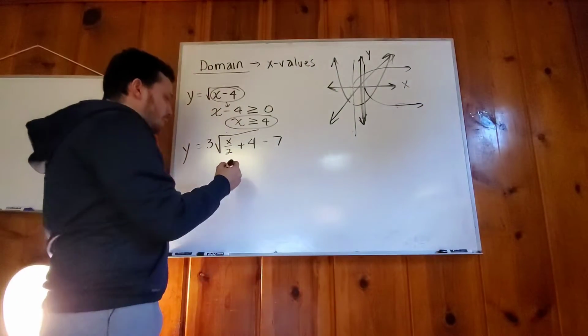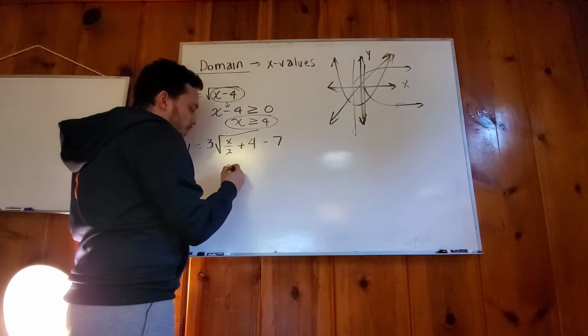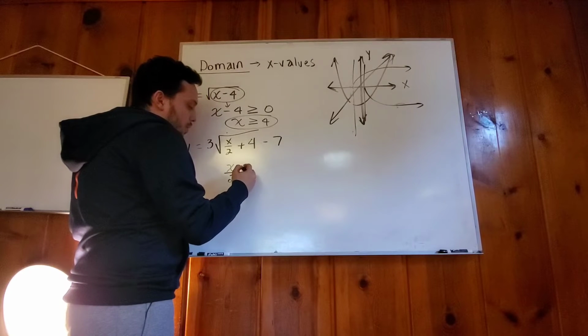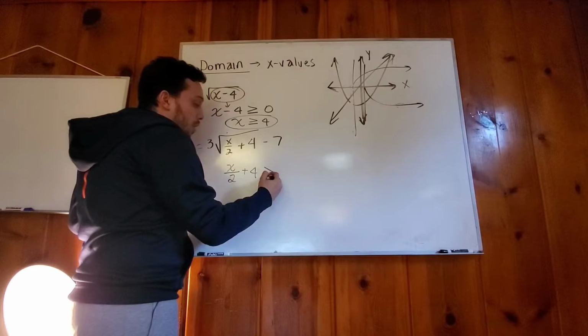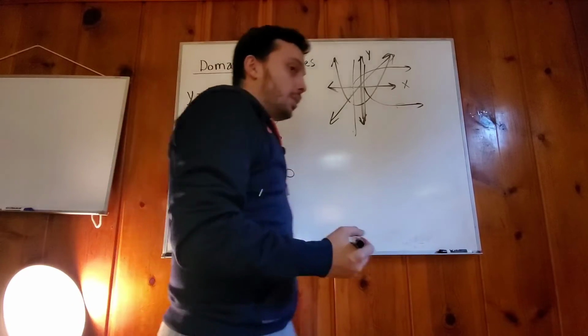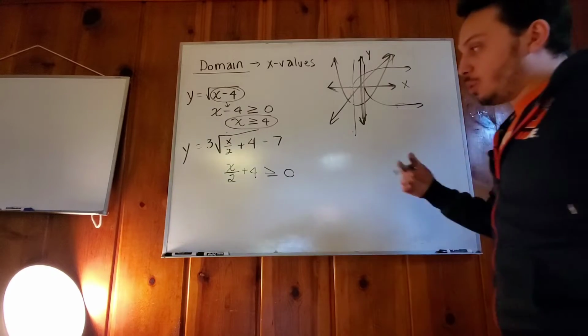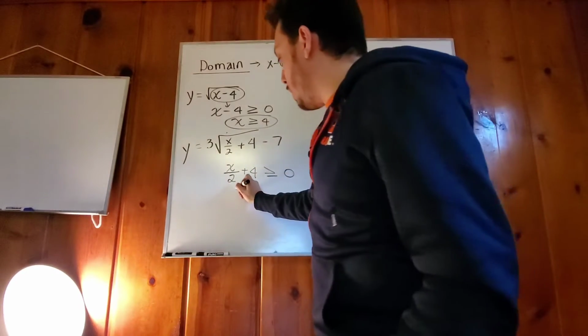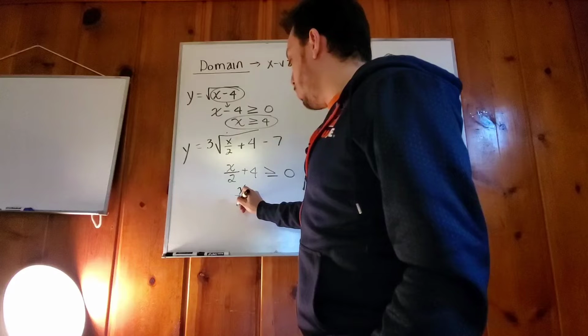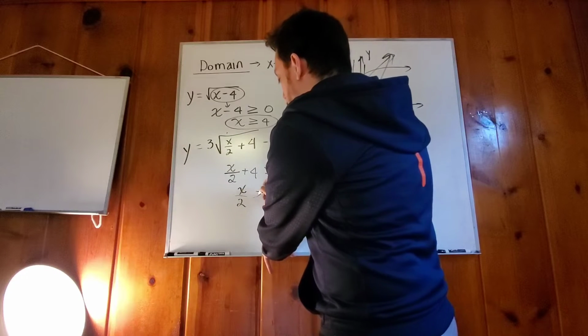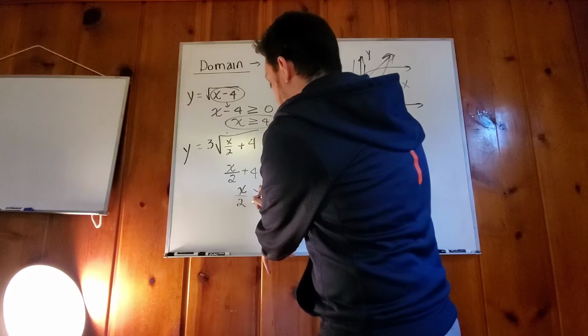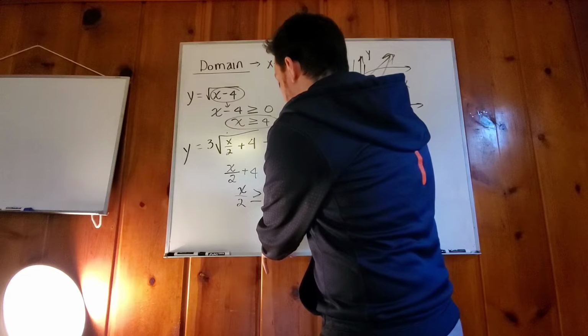The second one's pretty easy too, because we have x over 2 plus 4 is greater than or equal to 0. Now what we're going to do is solve for this, so it's going to be x over 2 is greater than or equal to negative 4.